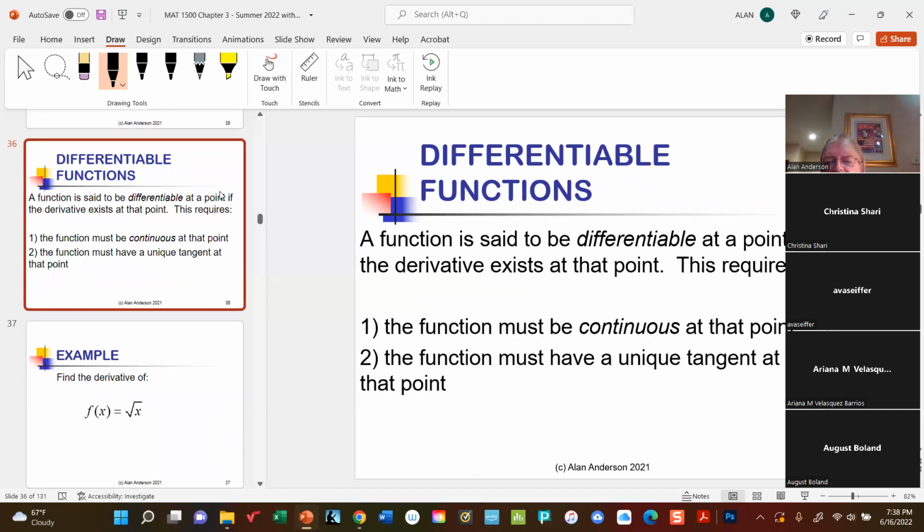A function is said to be differentiable at a point a if the derivative exists at that point. And that requires that, number one, the function has to be continuous at that point. And number two, it must have a unique tangent line at that point. So you're probably wondering, what would cause the function not to be differentiable? All right, let me show you a couple of examples where this is a problem.